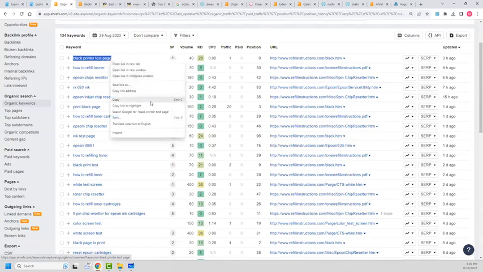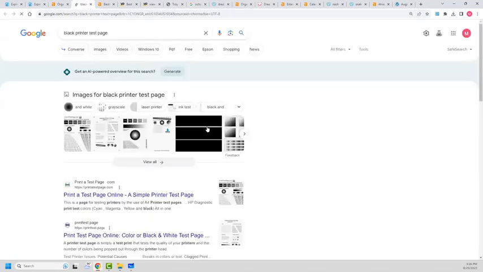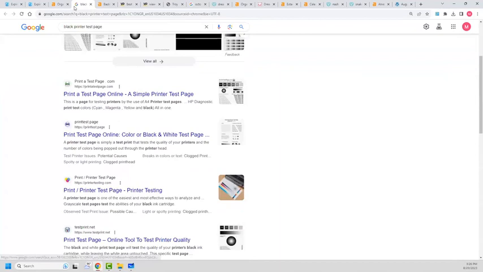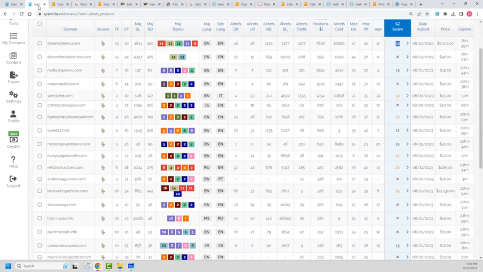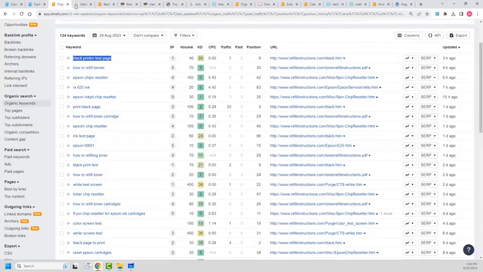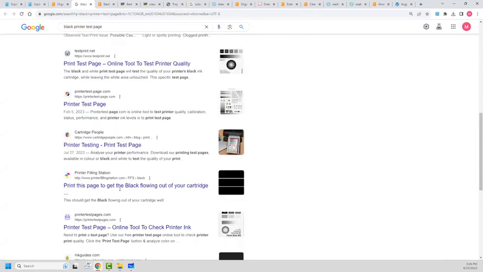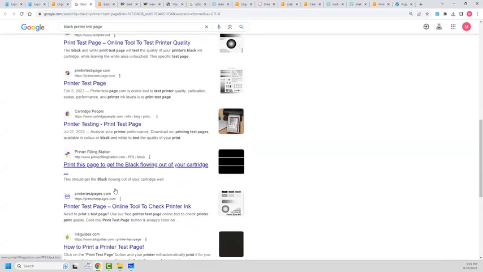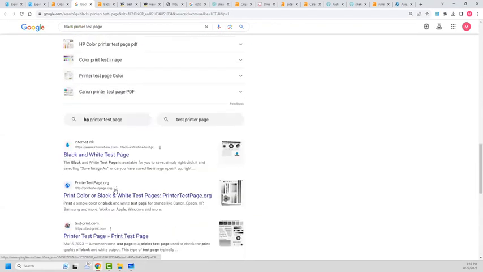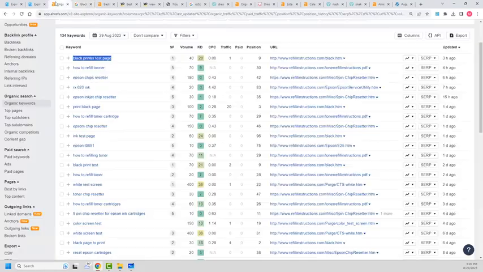Black printer test page. And it was what? What was the site? Refill instructions. And what was he ranking?